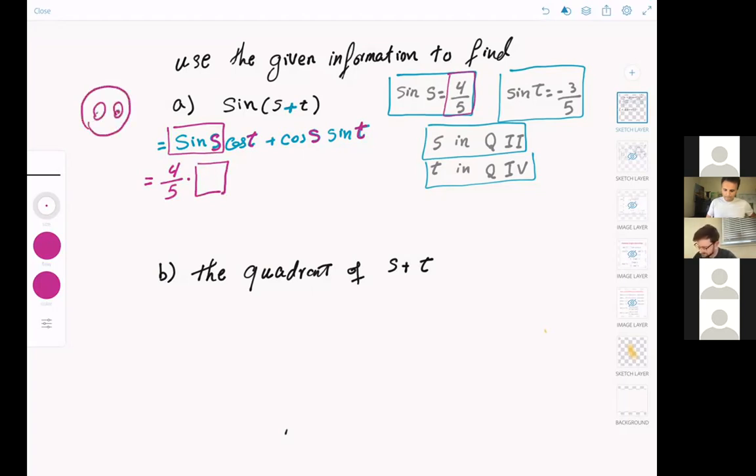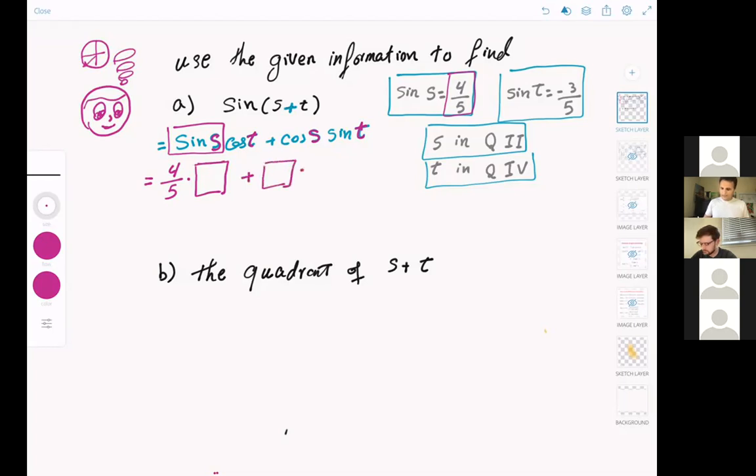In the back of your head, you need to know that this has something to do with the unit circle, making a right triangle somewhere and using the Pythagorean theorem to solve for cosine of T. Plus cosine of S, we don't have.